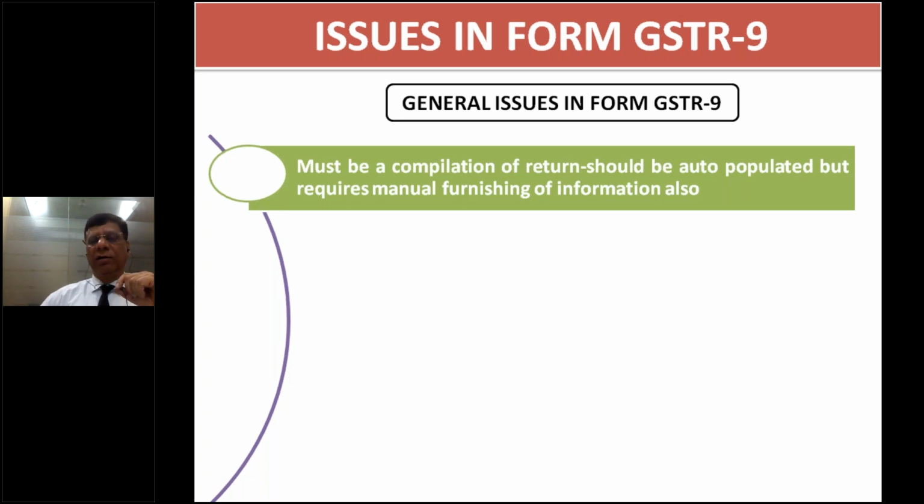Besides that, all other tables are subject to editing, and a taxpayer has to fill up this form, and he has to carve out all this information from the books of accounts or GSTR 3B or GSTR 1. So finally, we would be discussing whether this information is to be filled from 3B or 1 or books of accounts. This is the issue to be taken up before we finish other issues.